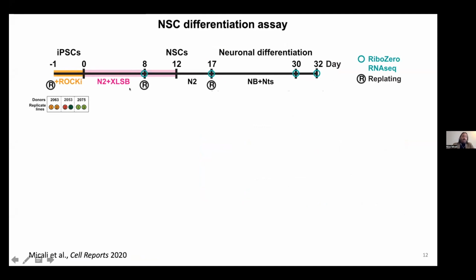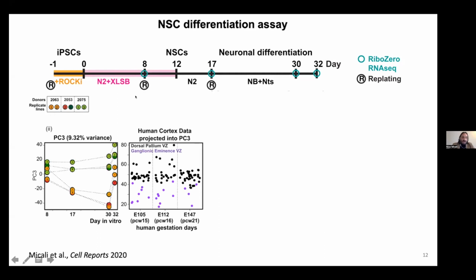These cells were differentiated adding to the LSB dual SMAD protocol also an inhibitor of Wnt signaling, because we wanted to avoid pushing the cells towards a dorsal telencephalic pattern, so that the cells could reveal their telencephalic identity.